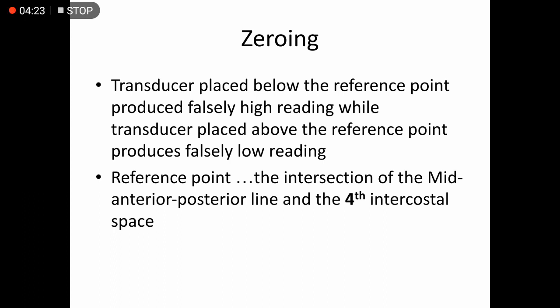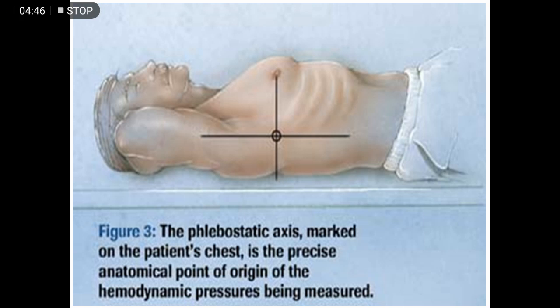A transducer placed below the reference point produces falsely high readings, while a transducer placed above the reference point produces falsely low readings. The reference point is the fourth intercostal space crossed with the mid-axillary line, which is the phlebostatic axis. And this figure shows us the phlebostatic axis.